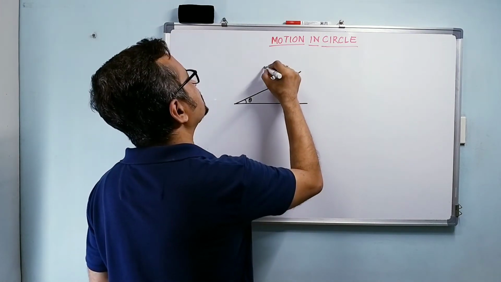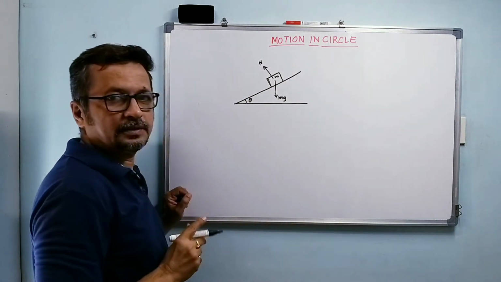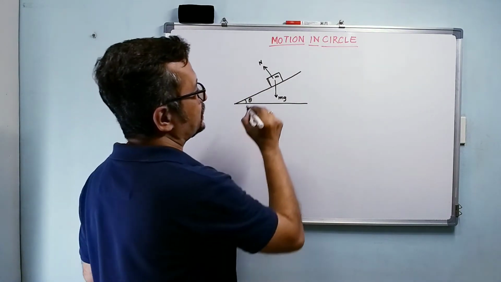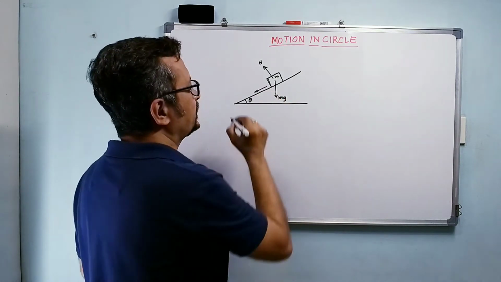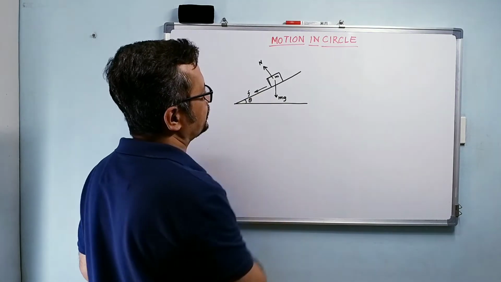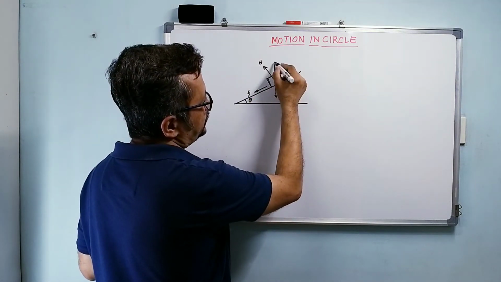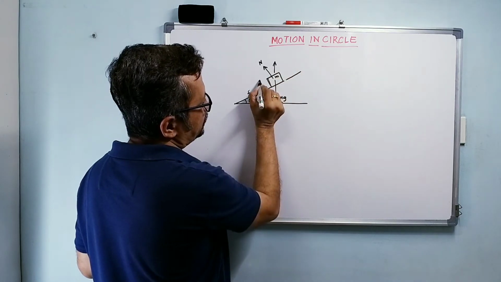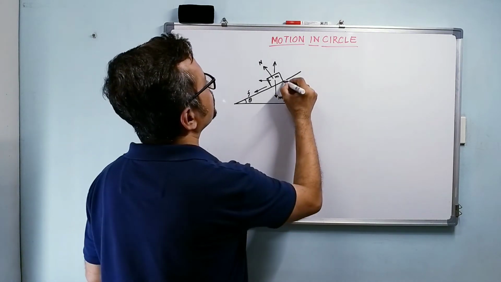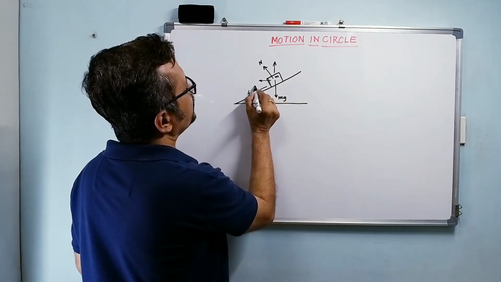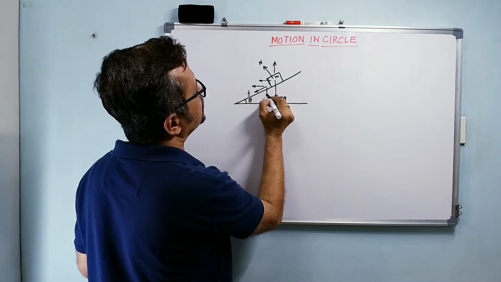Normal reaction is here, N. Now let us see what happens here. Friction here is going to act in this direction. This is my F, correct? So let us resolve this N into vertical and horizontal components here. Also, I am resolving this friction into vertical and horizontal components.